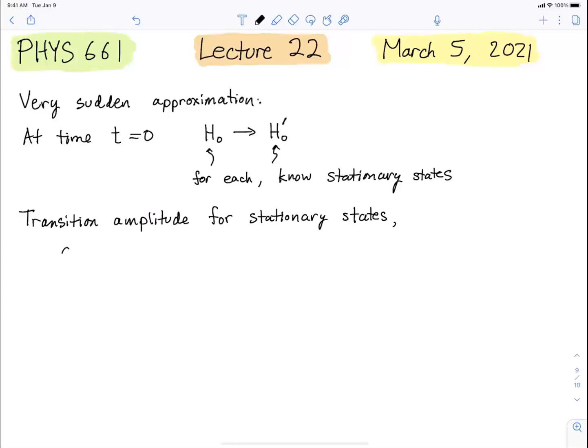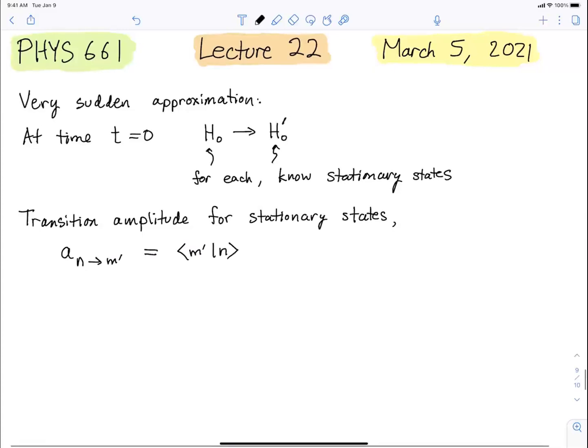Okay, and we write that as A sub n goes to m prime. And in this case, it's just the matrix element m prime with n. Okay, so if we start in the state n, it's a stationary state. So before time t equals 0, it's just evolving by multiplying by some time-dependent phase.